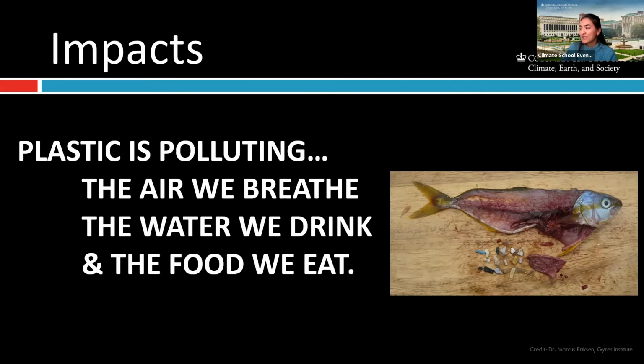But we have found that some larger pieces of plastic can cause blockages and lacerations of the digestive tract of animals, and it can biomagnify up the food chain. So if a small fish, let's say, eats 2 microplastics, a larger fish eats 2 of those fish. Now that fish has 4 microplastics in its belly.